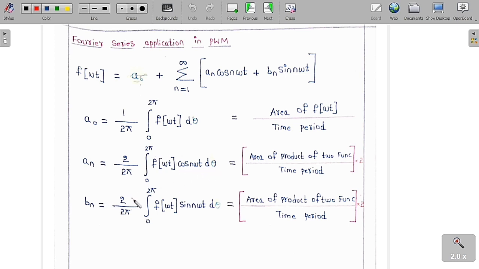Similarly, b n is equal to 2 by 2 pi integration of 0 to 2 pi f of theta sin n theta d theta, which is the area under this graph f of theta by 2 pi, that is, area of f of theta by the time period 2 pi. Similarly, 2 times the area under the product of these two functions by the time period. You will also get these coefficients in this format.